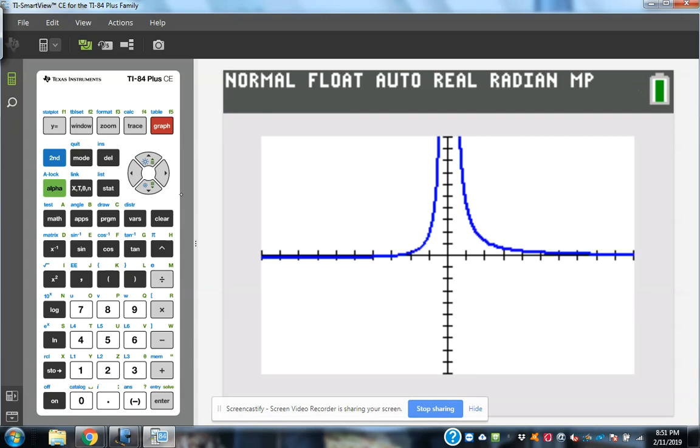Hit graph. We can see that vertical asymptote there at 0, and we don't see one happening at -4. Right, so we know that that's where that is here. That horizontal asymptote is at y equals 0. Notice how this crosses that. Remember, you can cross horizontal asymptotes, you can't cross verticals. So it's okay if it crosses a horizontal or an oblique when you look at the graph of that. But that's what's going on there.